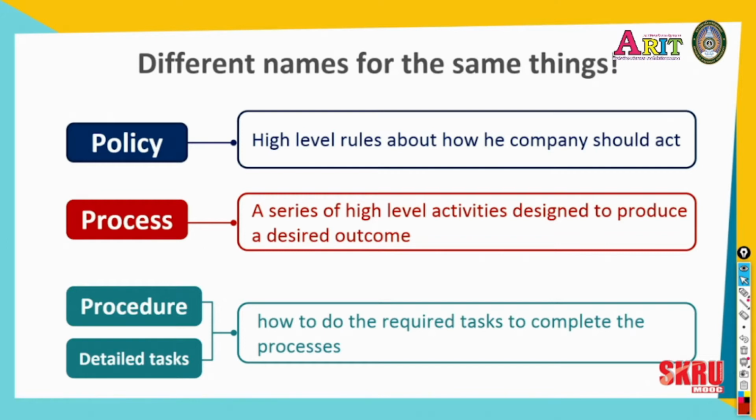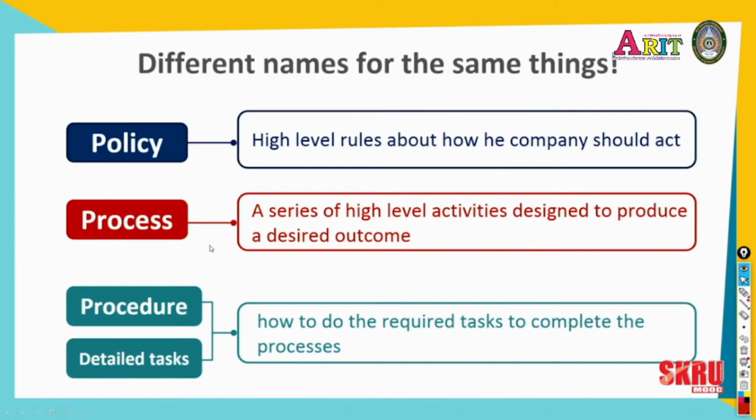They want their money back, but perhaps the company policy says you only get your money back if you have a receipt within 14 days. After 14 days, or with no receipt, you can only get store credit. That's a policy, very high level, but it doesn't explain how it happens, just basic rules.